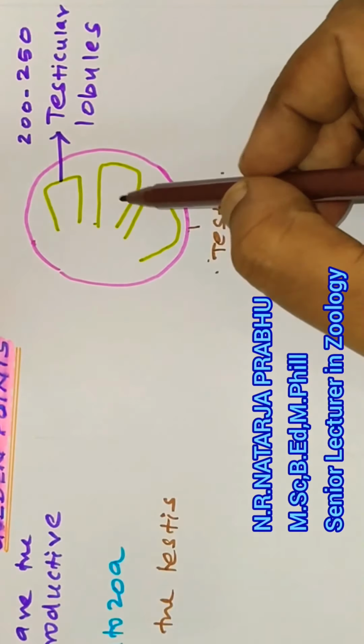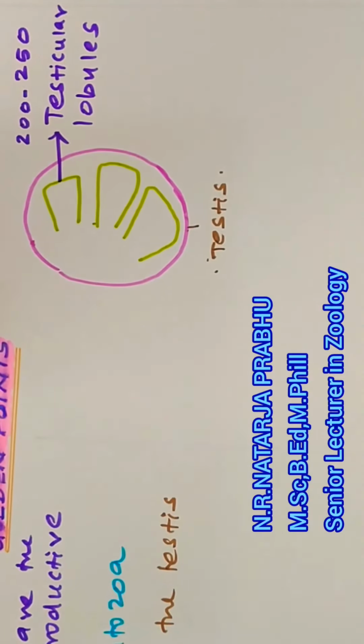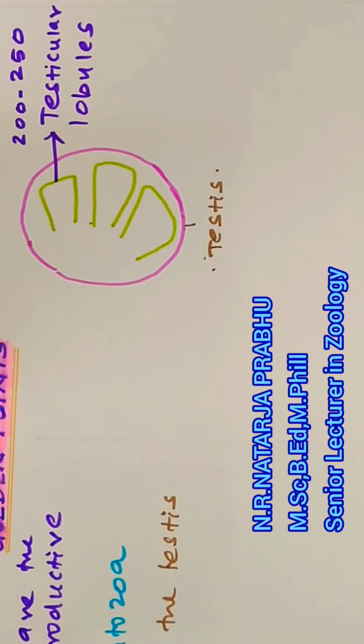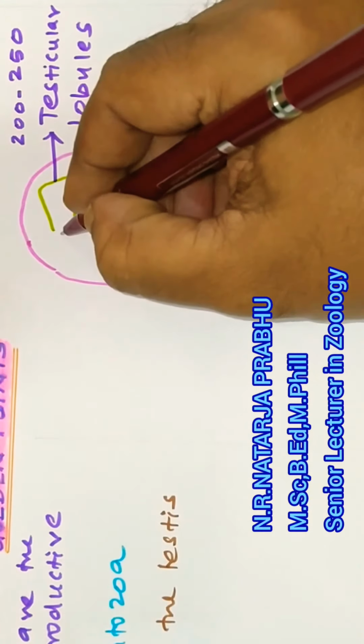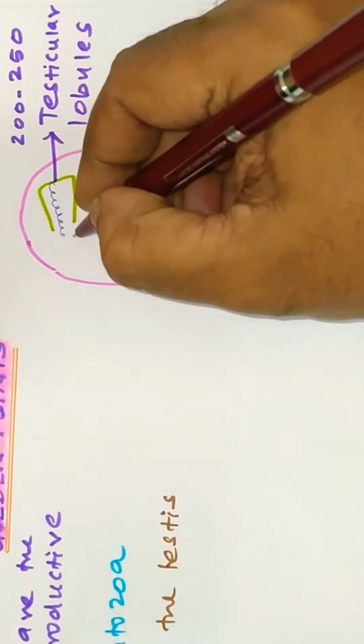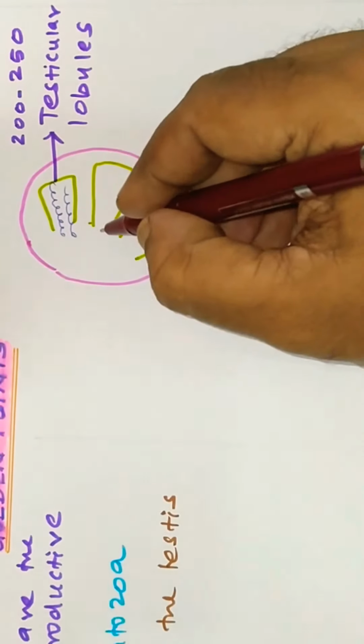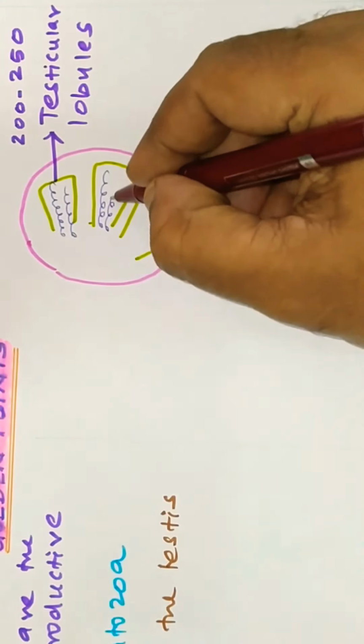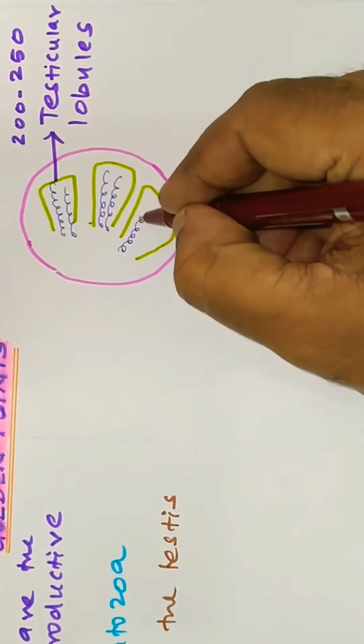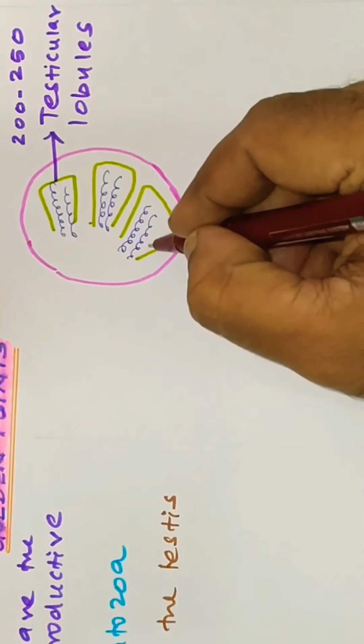Within each testicular lobule, either 1 or 2 or 3 highly coiled tubes are present.